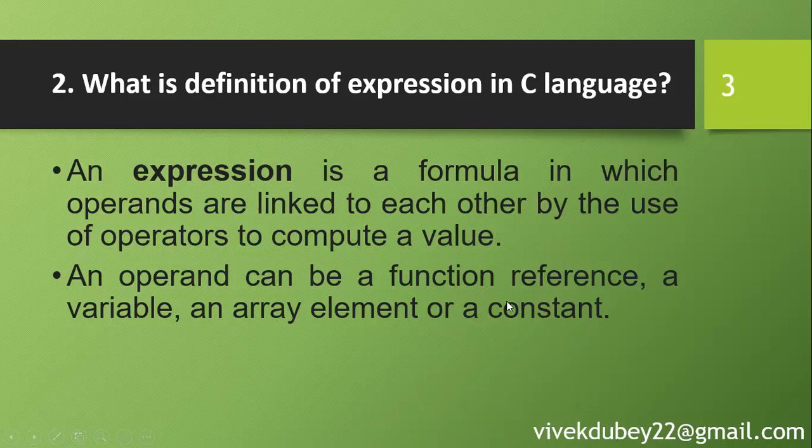Here operands are constants. Now C is equal to A plus B. It is a variable. Now C is equal to first cell of array plus third cell of array. It is an array element. So likewise, we can use our operand in expression.